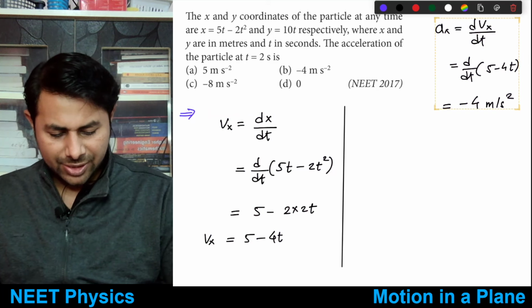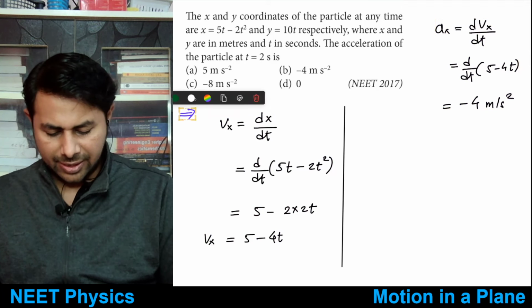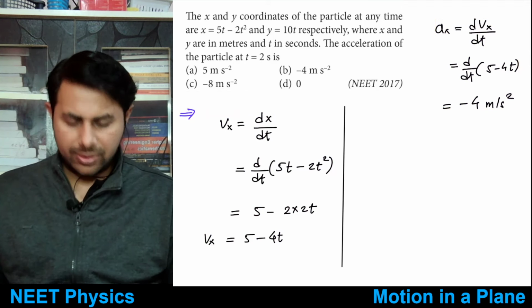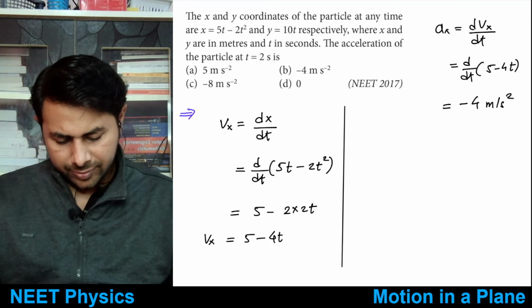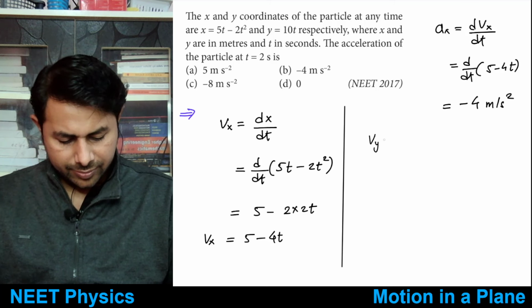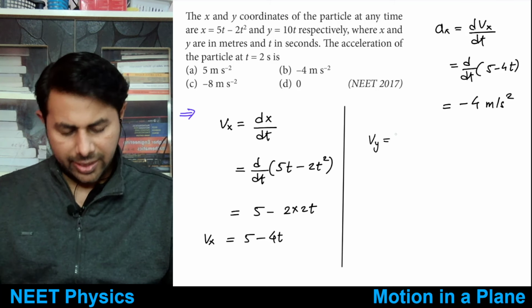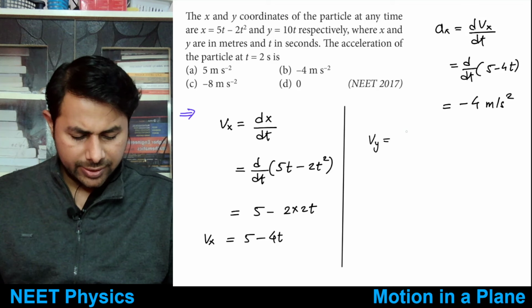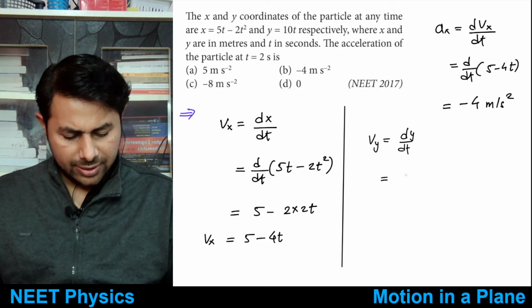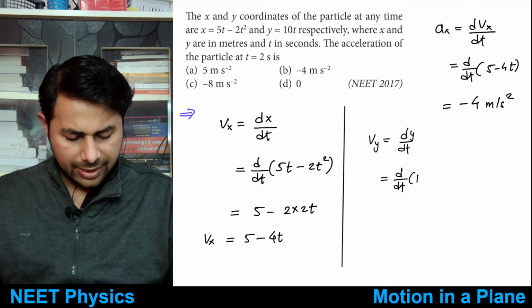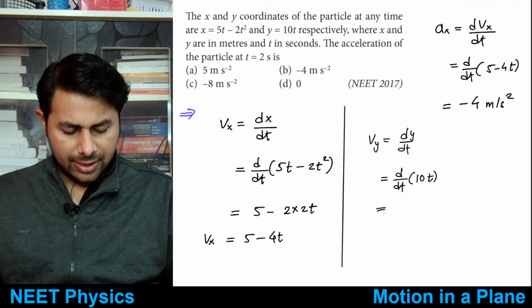That will be acceleration in x direction plus y direction. So now let's find out acceleration in y direction. What's that? You have y is equal to 10t. So what will be vy? Vy is d by dt of y, so that is d by dt of 10t.